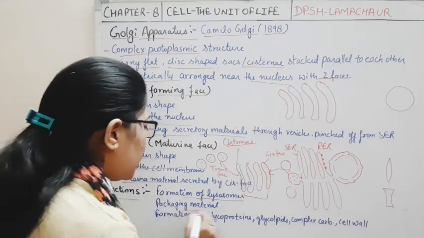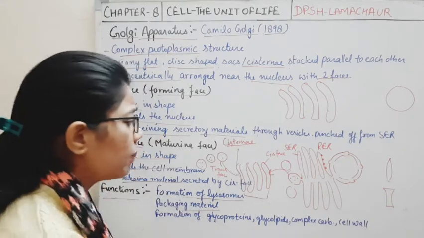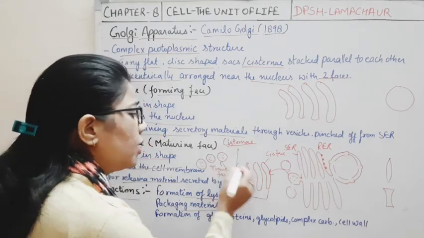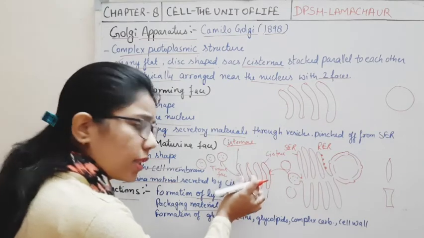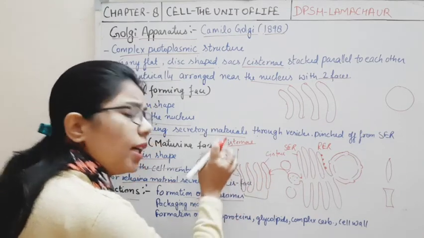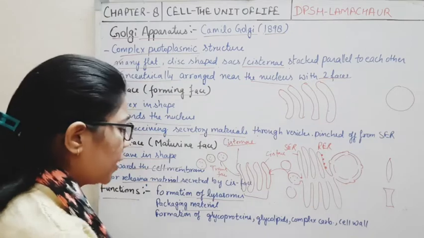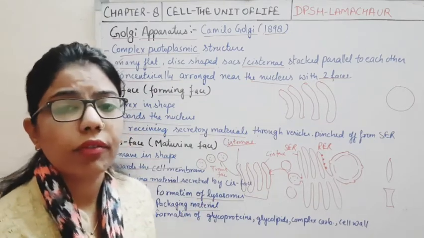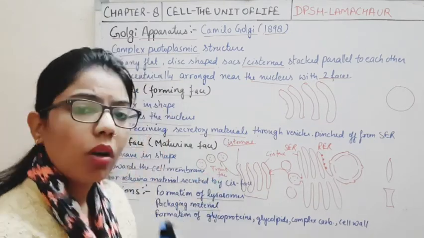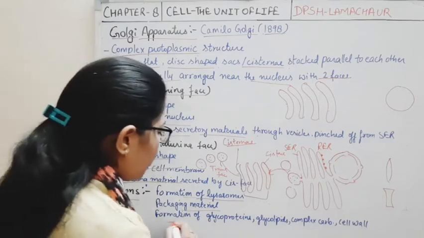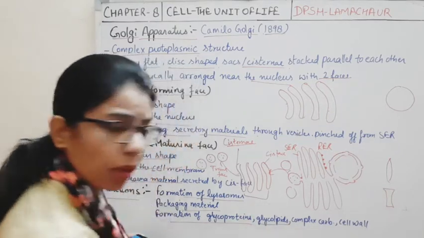Now it also acts as a packaging material. Whatever things mature in this Golgi apparatus get bounded by a membrane. That's why we say it works as a packaging material also, right? Then the formation of glycoproteins and glycolipids.